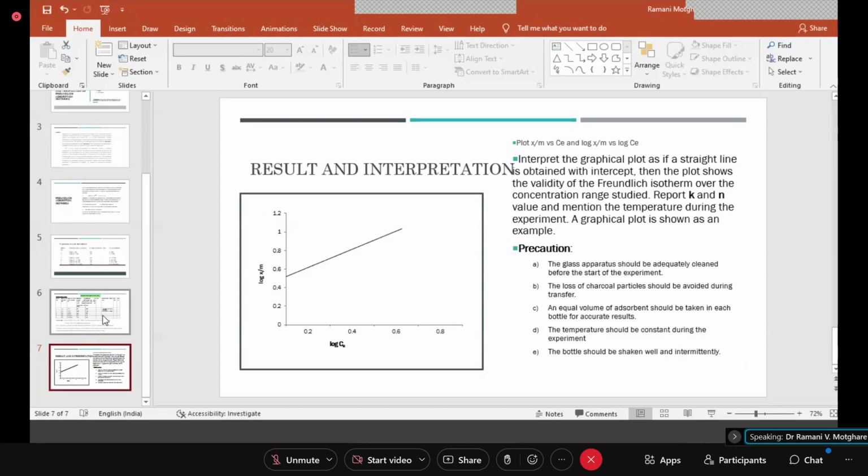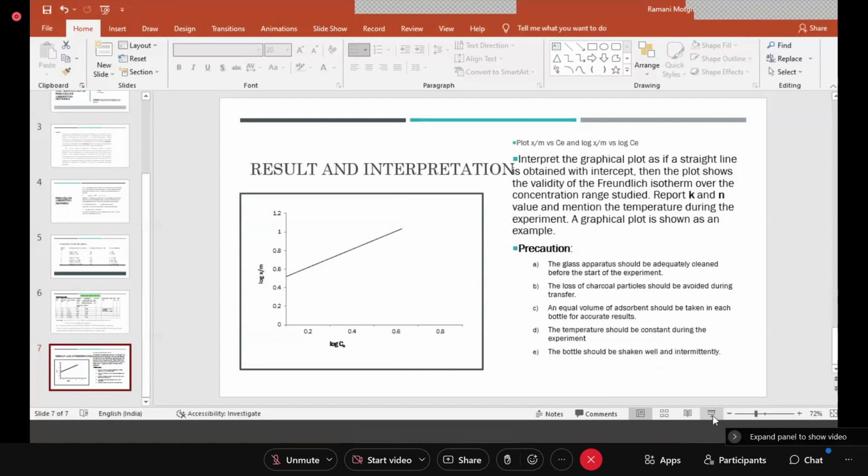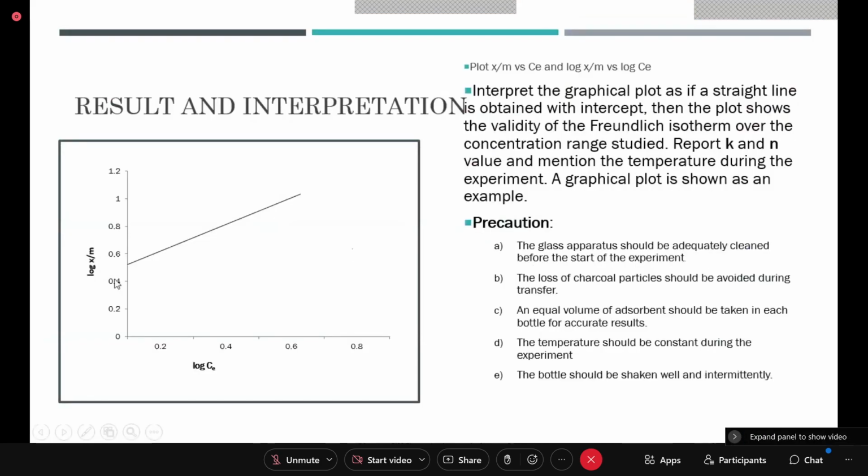What you have to calculate? Yes, anyone? Ma'am. The values of K and N should be calculated. Okay, as I have told you, you will be plotting two graphs, one of x by m versus c and another of log x by m versus log c.